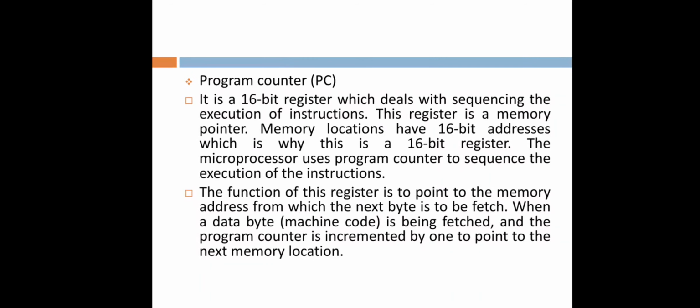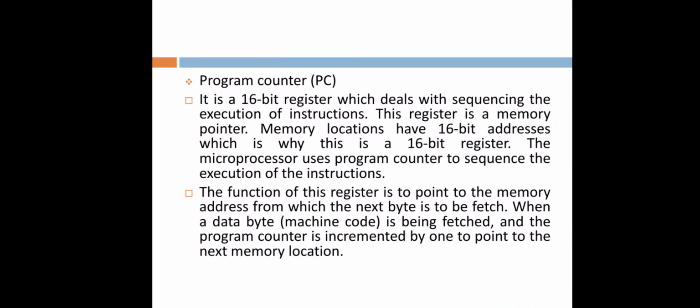The program counter is a 16-bit register which deals with the sequential execution of the instructions. The register is a memory pointer. The memory location has a 16-bit address, which is why this is a 16-bit register. The microprocessor uses the program counter to sequence the execution of instructions.